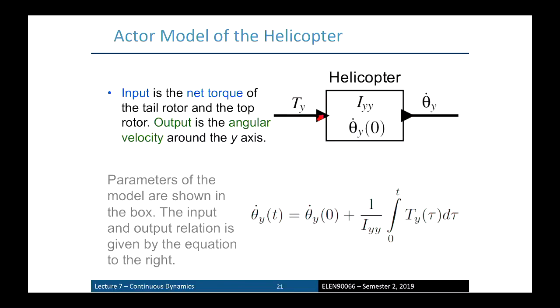The input is going to be the torque, and the output is the angular velocity about the y-axis, okay? We don't want that thing to be spinning around, okay? The parameters of the model are shown in the box. So this, remember, is the equation from before, okay? It's copied down here. So the helicopter has two parameters that are important, right? The moment of inertia and the initial angular velocity. And then whatever it does is it converts a torque to an angular velocity. It's a black box representation of the helicopter.